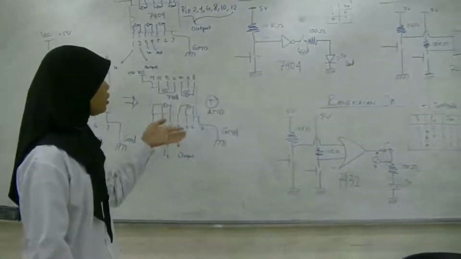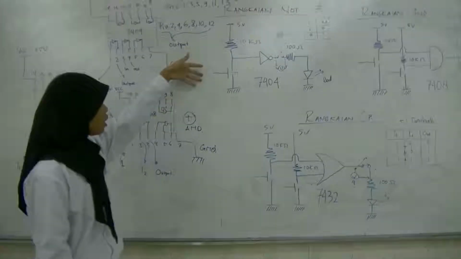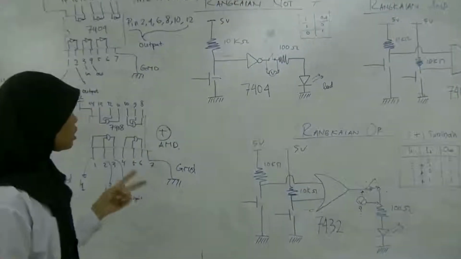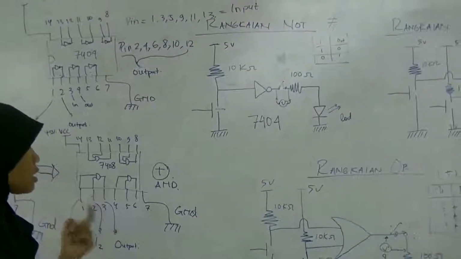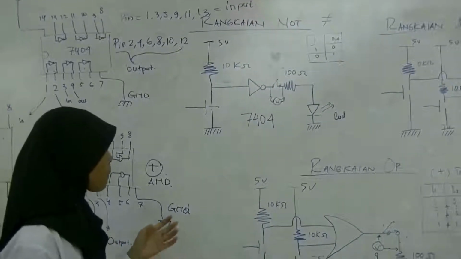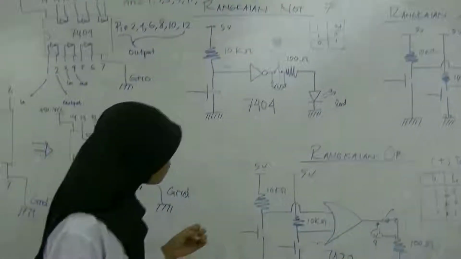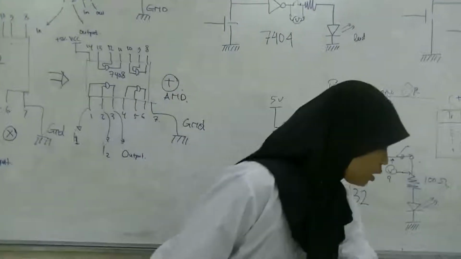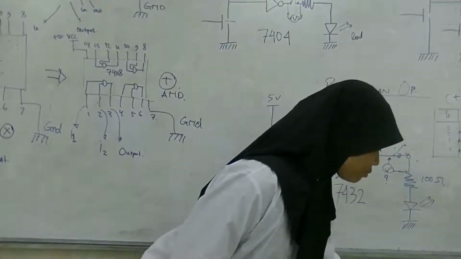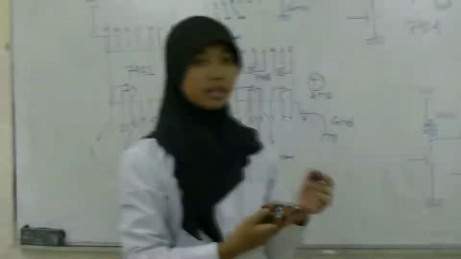And this is the picture of the NOT circuit. There are two resistors, one IC 7404, and one LED. And this is the circuit.